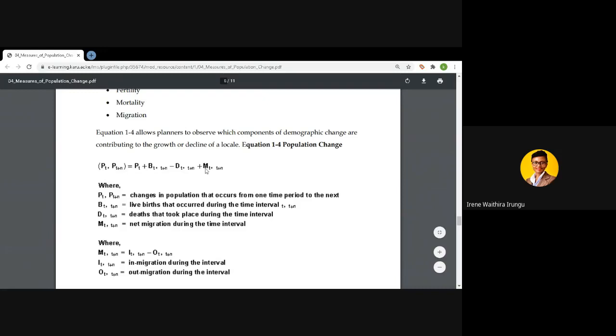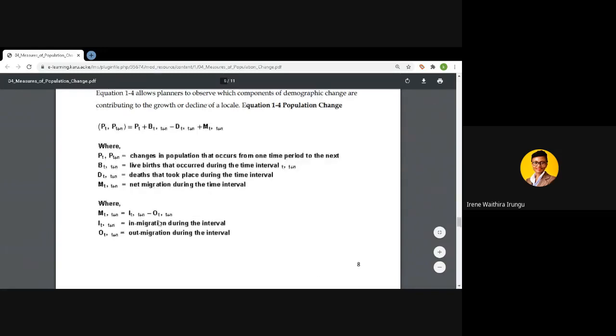So when we speak of net migration, we are referring to the difference between in-migration and out-migration for the specific interval, which is time t to time t plus n. So this is how we can actually model our population based on the three components. So fertility corresponding to births, mortality corresponding to deaths, and migration corresponding to the net migration.